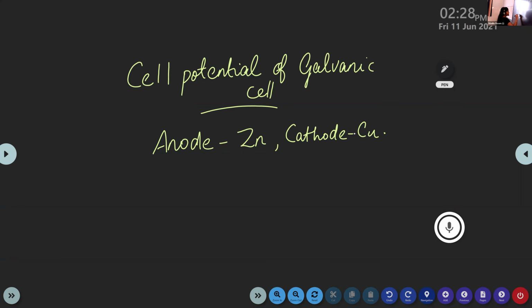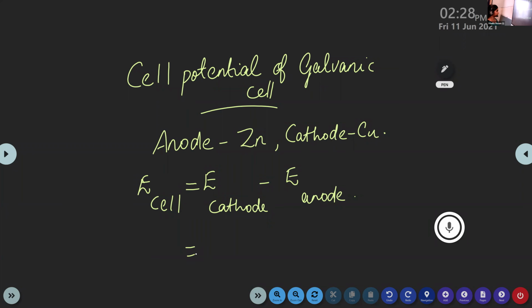Now you can write E cell is equal to E cathode minus E anode. Then you can complete it. Just look at the previous example. Then you will be able to complete this one.